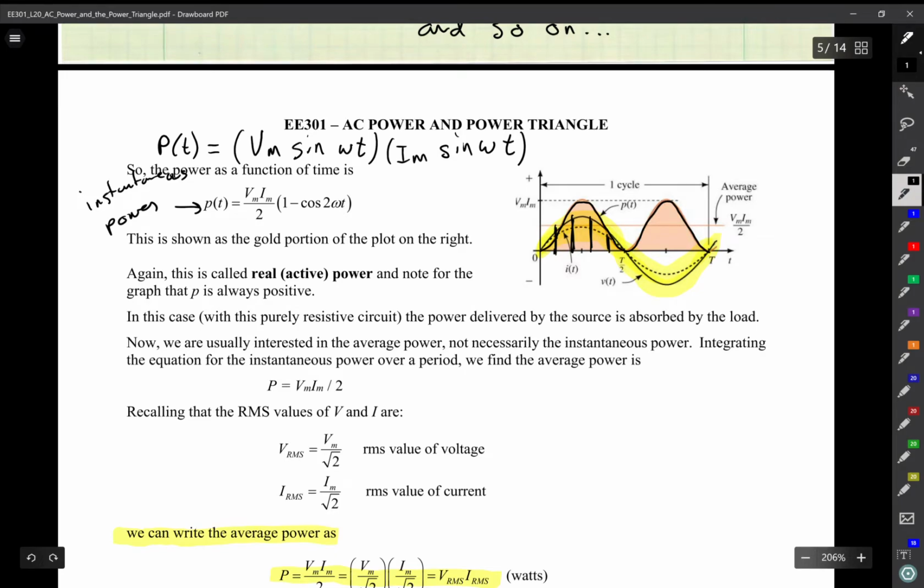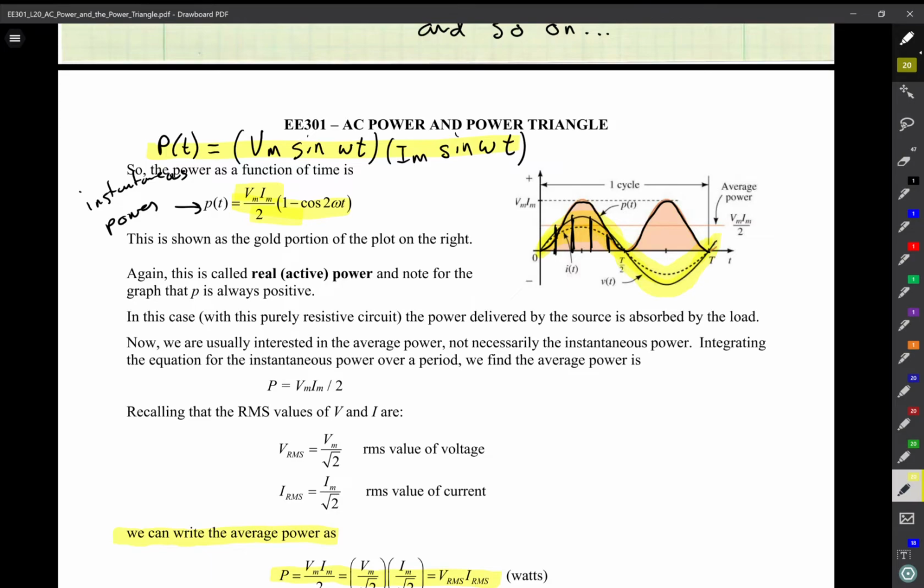Okay, twice in a single period of my frequency, or the period of that wave signal. All right, that sinusoid. So what this means is that I'm going to have my voltage times current, shown here, if I multiply that together, I'll see that I'll have this expression shown here. Vm, Im, which are the peak values of the voltage and current, divided by 2, times 1 minus cosine of 2 omega t.